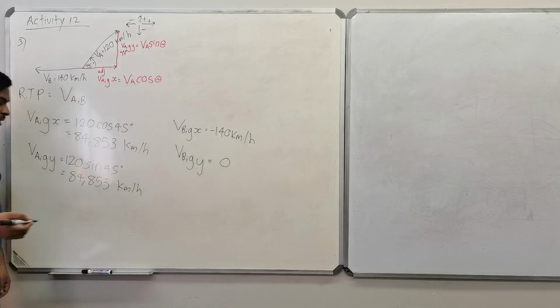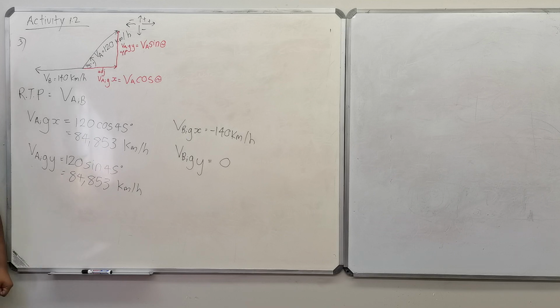So what do we do next? Now you want the velocity of A relative to B, right? And then you have to work that out with the velocity of A relative to the ground. We're going to work towards the Pythagoras theorem. But we need to work out the velocity of A relative to B along your x-axis. Then you need to work out the velocity of A relative to B along your y-axis.